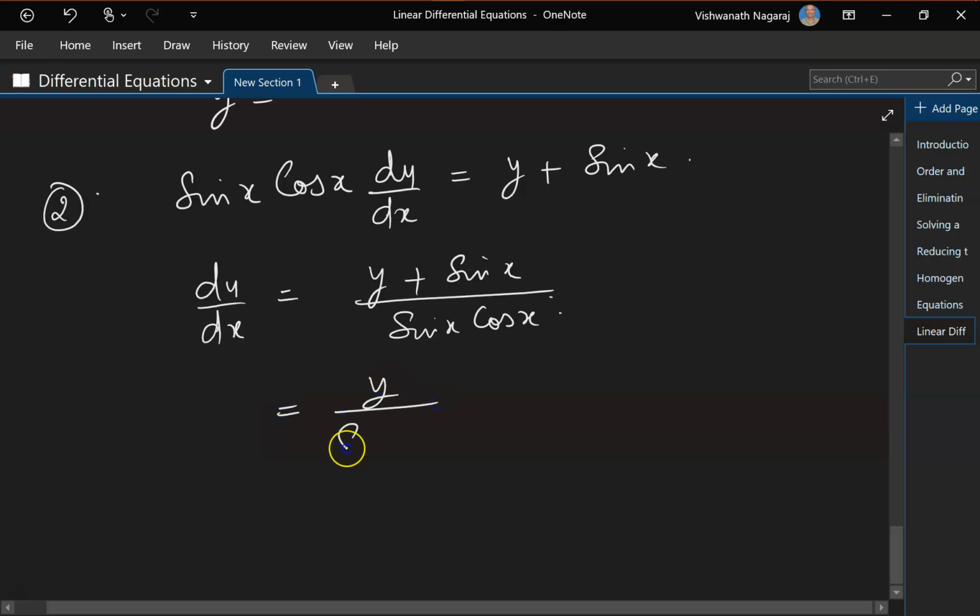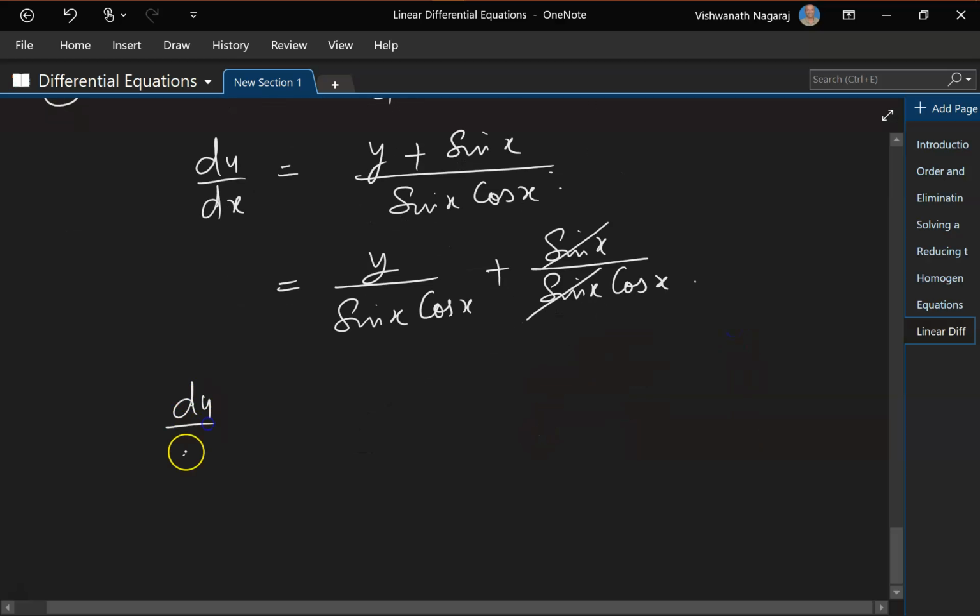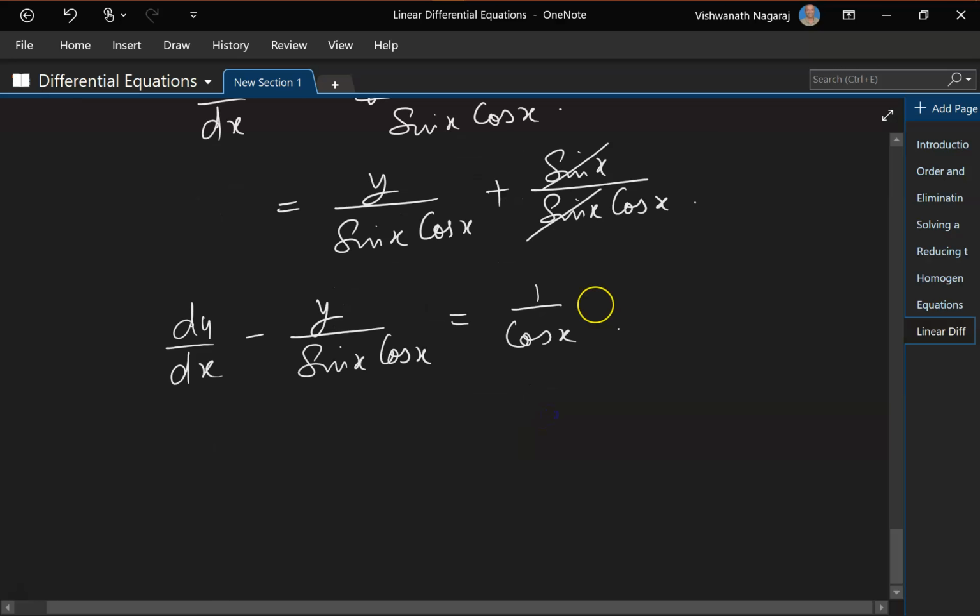So y by sin x cos x plus sin x by sin x cos x. So these two get cancelled. Let's rewrite this in the form that we require. dy by dx minus y by sin x cos x is equal to 1 by cos x. Yes, now this can be written as sec x. Okay, now we have to figure out the integral of the integrating factor.